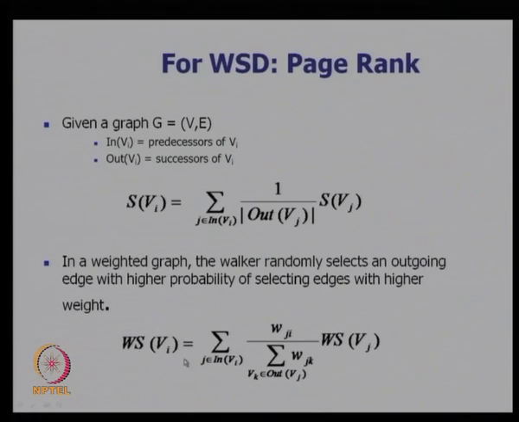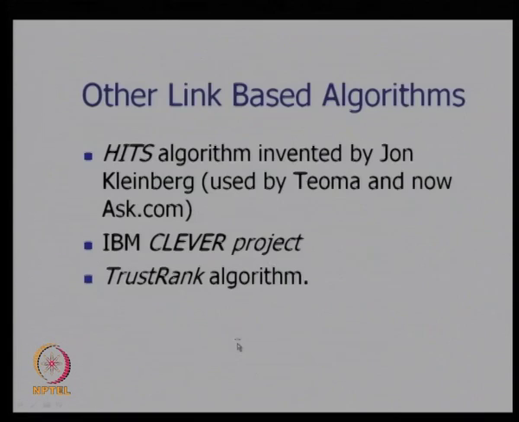So, the weighted score of Vi is equal to w_ji, which is the weight between the node Vi and the node Vj, divided by the sum of w_jk, which is for all the outgoing edges to various nodes, and this summation is over all incoming nodes, okay, all nodes whose arcs are incoming on Vi.